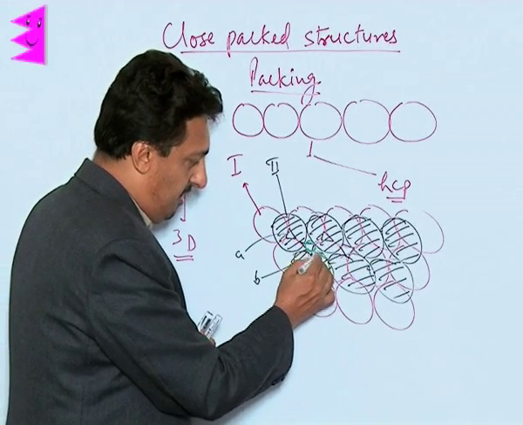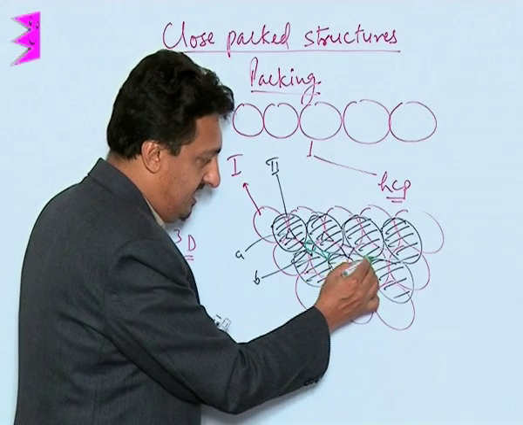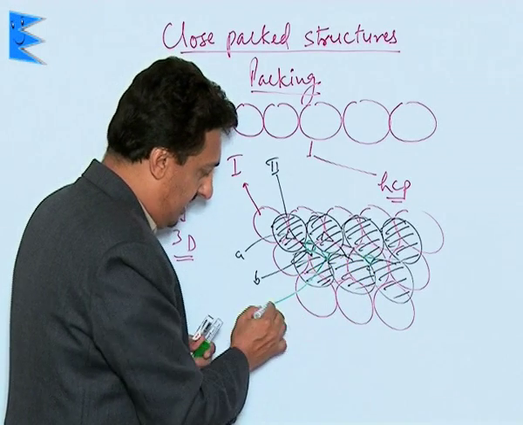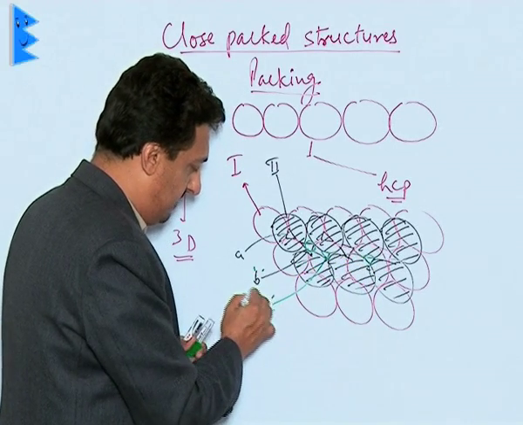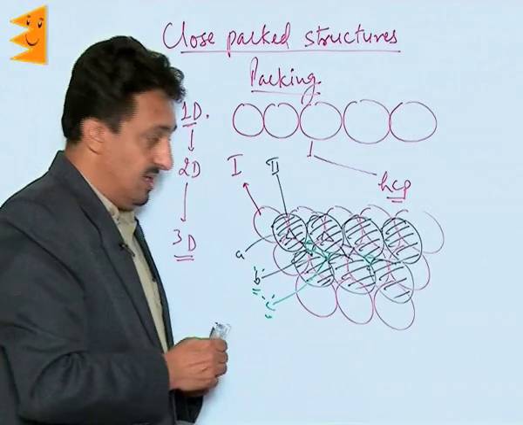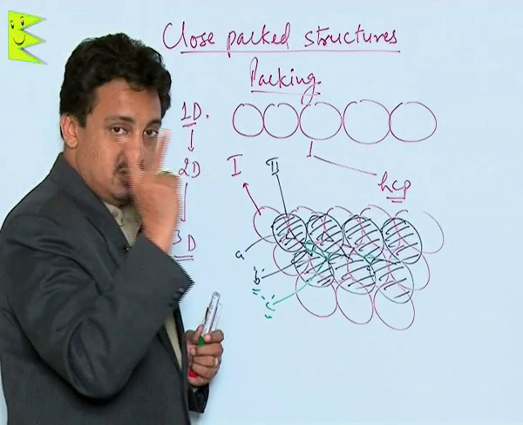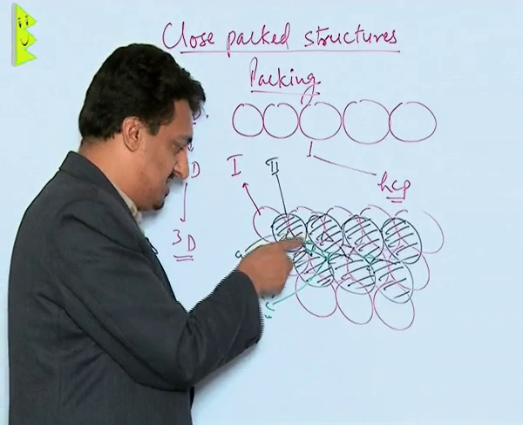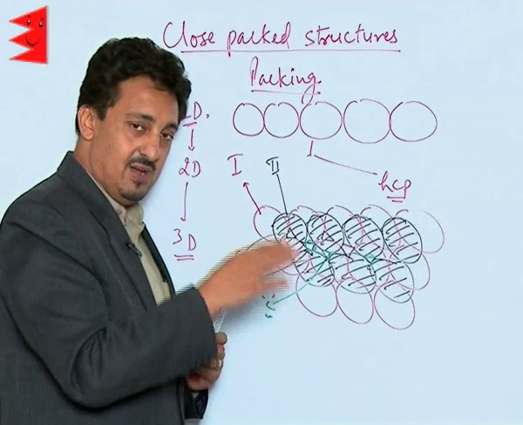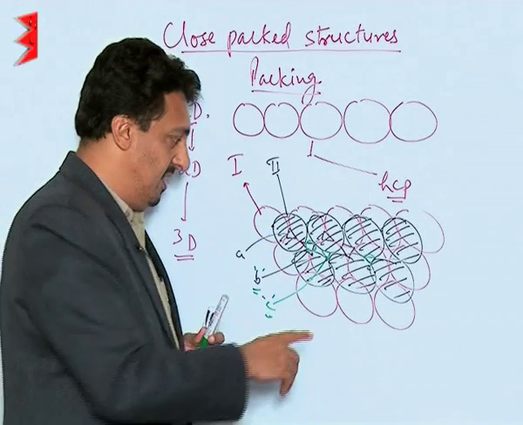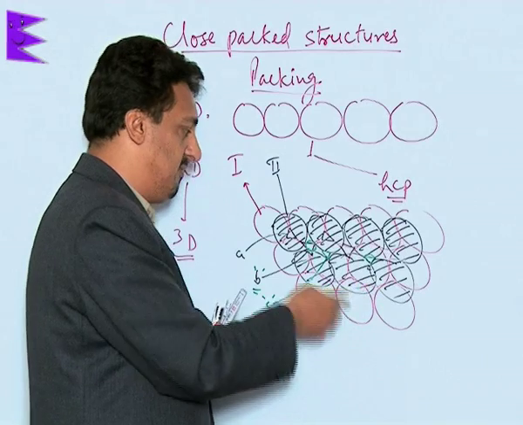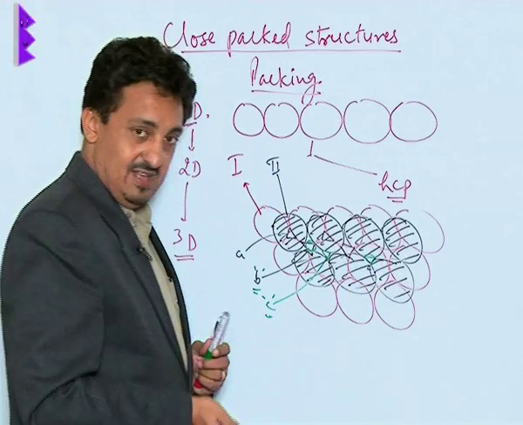And a new type of void is formed by the second layer particles. It's called the C type of void. So on the second layer, we have two types of voids: B, the same ones which were left uncovered while forming the second layer, and C, the new type of void formed by the second layer particles.